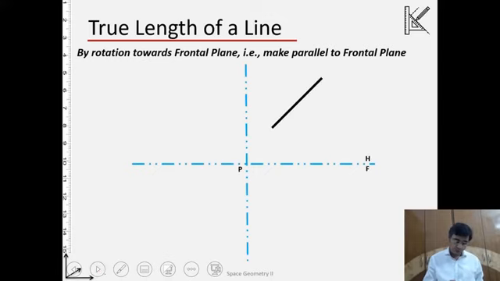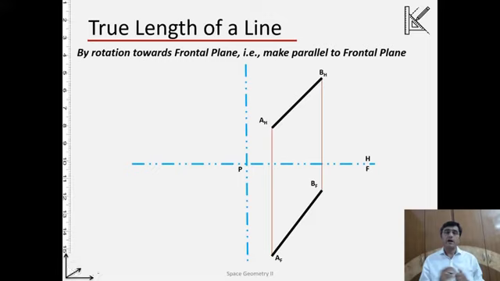These are the projection planes, and we have the projection of a line on the horizontal and frontal. Like in the previous animation, we are making use of the same concept: rotate the line so that it becomes parallel to the frontal. How can we do it? We'll have to rotate the projection of that line on the horizontal plane so that it becomes parallel to the frontal or the hinge line.